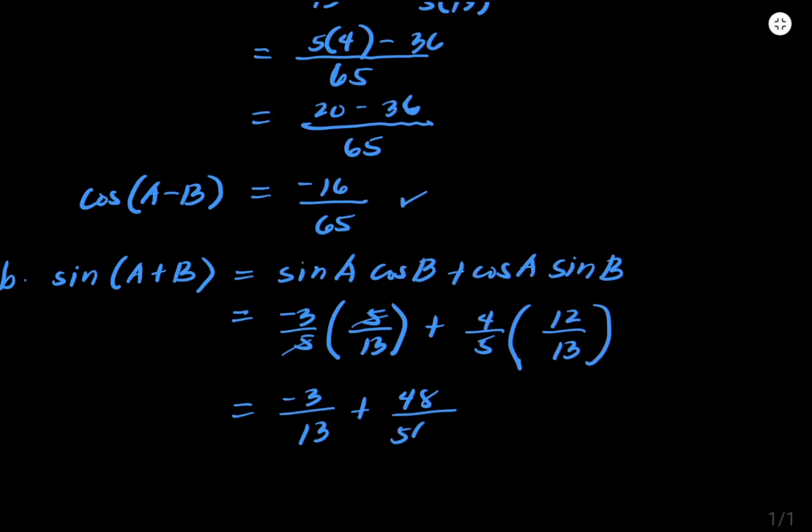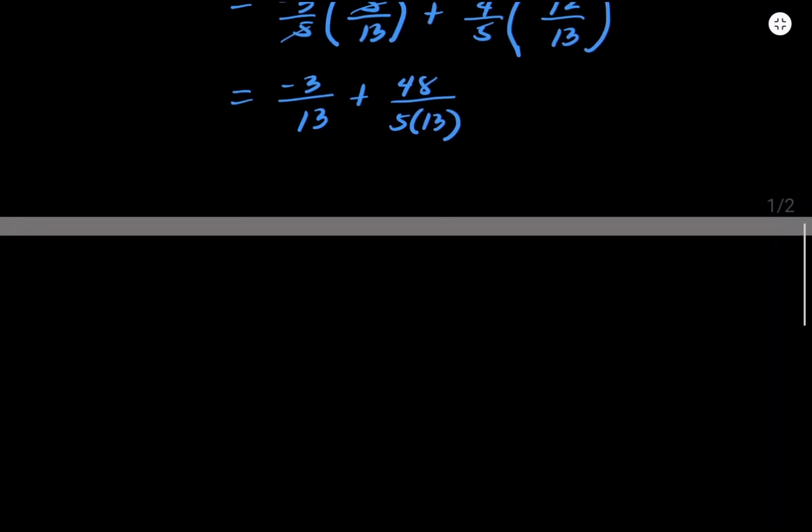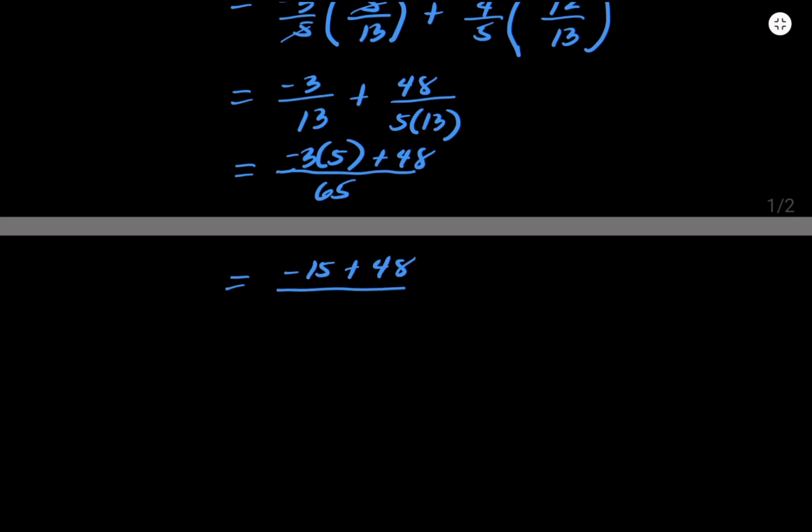Again, this is 5 times 13 or 65. So let us simplify this. So we have 65 over 65, divided by 13, that is 5. So negative 3 times 5 plus 48, and that is equal to negative 15 plus 48 all over 65.